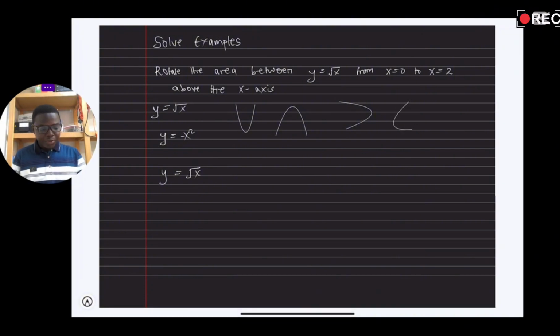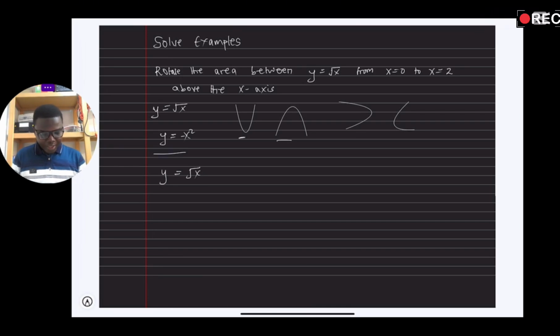That's how the behavior of such graphs will be. So how can we do that? We can do that if the graph is in terms of y. As you can see over here, the graph is in terms of x, and in such cases we either have this or this, depending on the nature of the function that will be given to you.